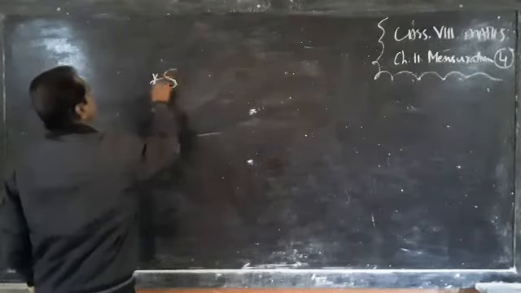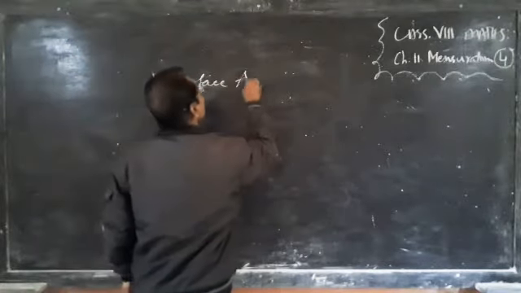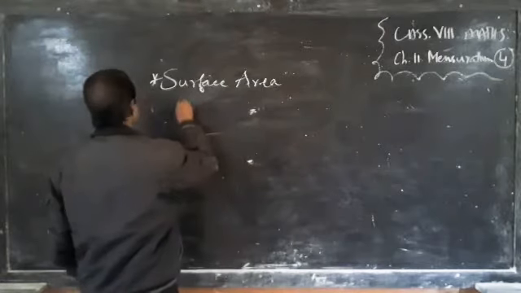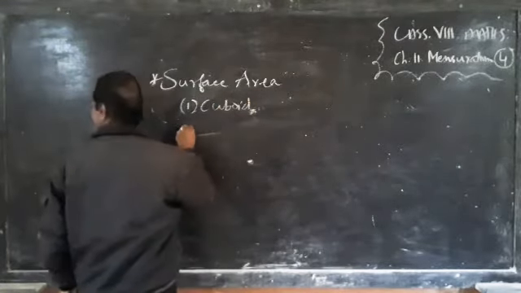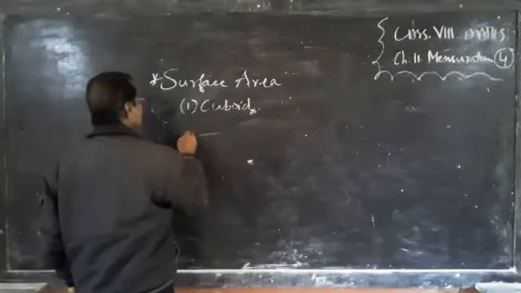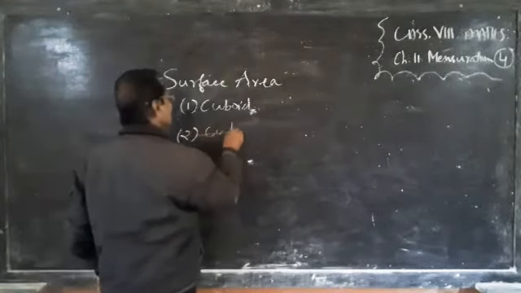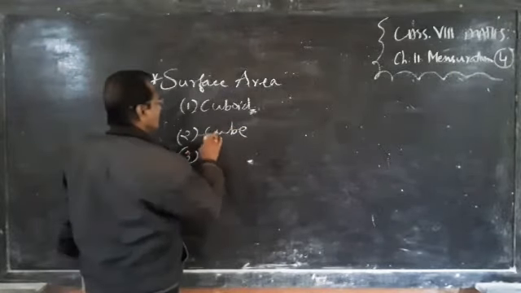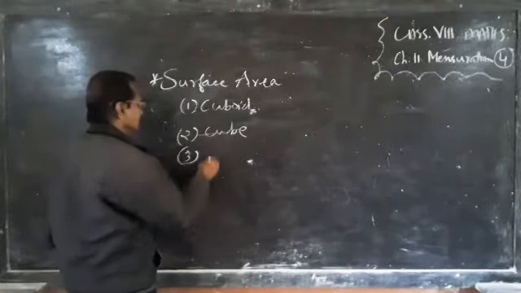Surface area of three objects: one is cuboid, the second one is cube, and the third one is cylinder.